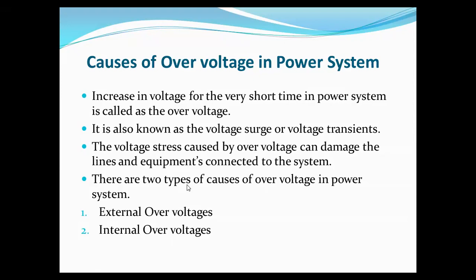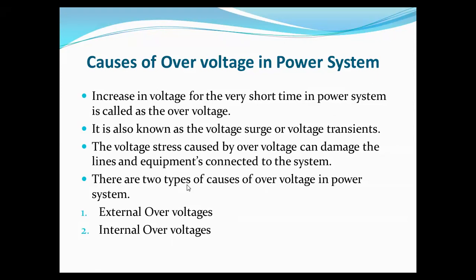So this voltage stress caused by over voltage can damage the power system lines and also our equipments. Okay, so there are two types of over voltage in the power system. First is the external over voltages, and second is the internal over voltages.